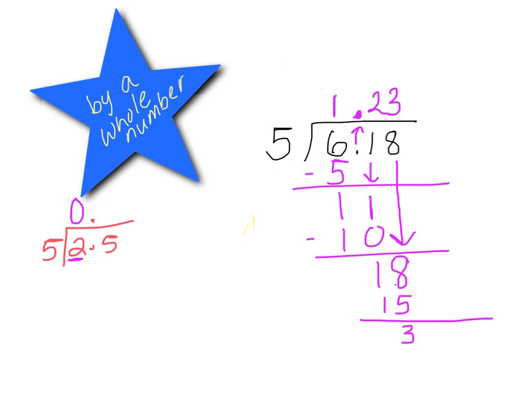Now we have no numbers to bring down here, so what we're going to do is annex a 0 and bring that all the way down, and now we have 5 into 30, which is 6, and 5 times 6 is 30, and we're at 0, and so our answer is 1.236.